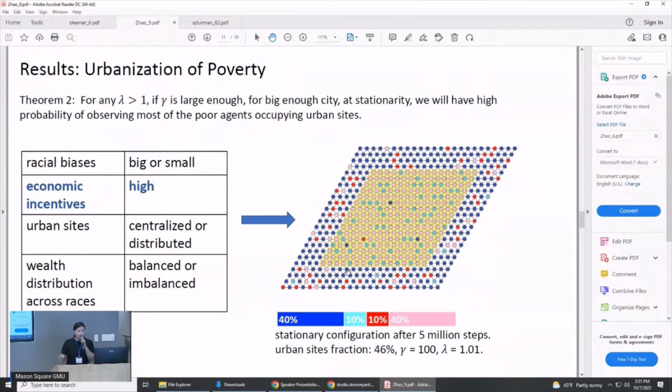There are two difficulties in this proof. The first difficulty is that in the state space, there are far more non-urbanized configurations than urbanized ones. The second is that because we extend the state space by another dimension, the socioeconomic status dimension, even for those non-urbanized configurations, some of them have very big probability weights according to their racial bias terms.